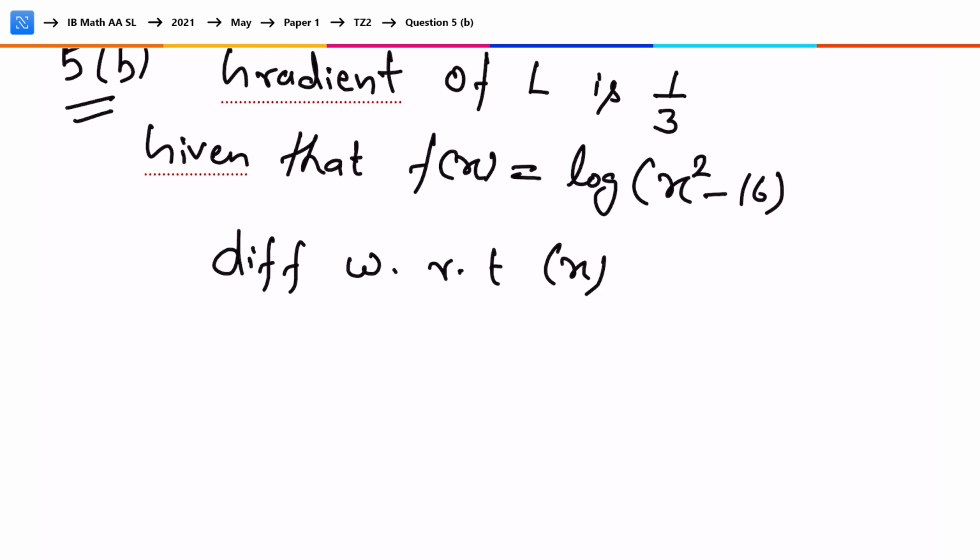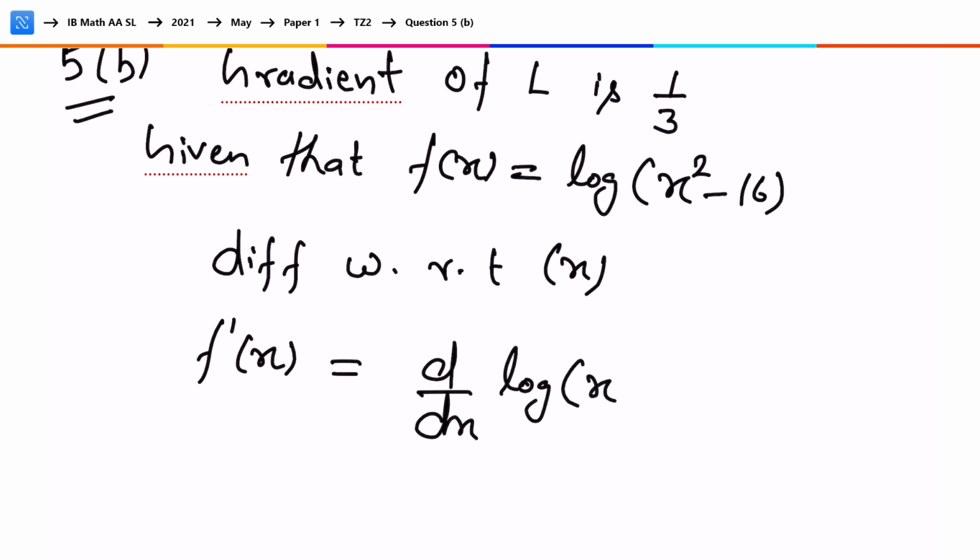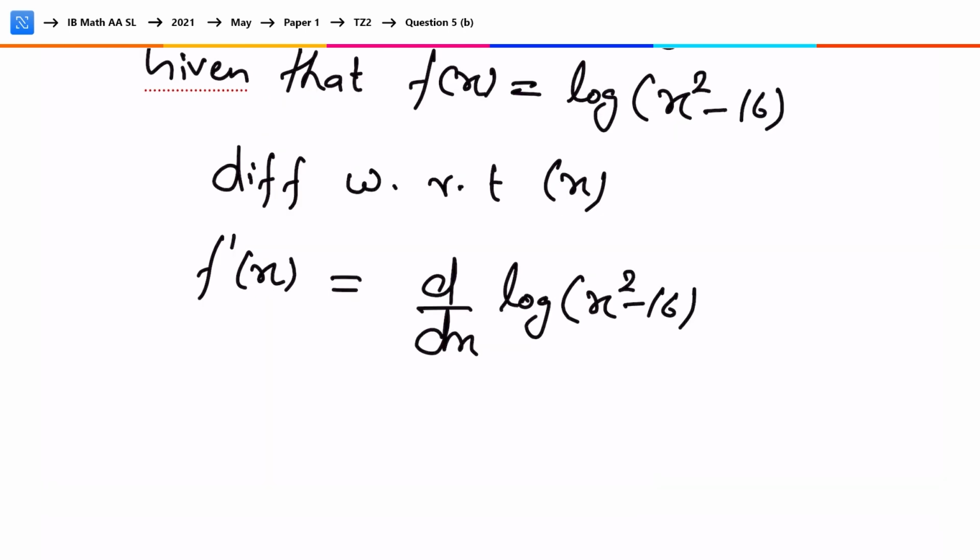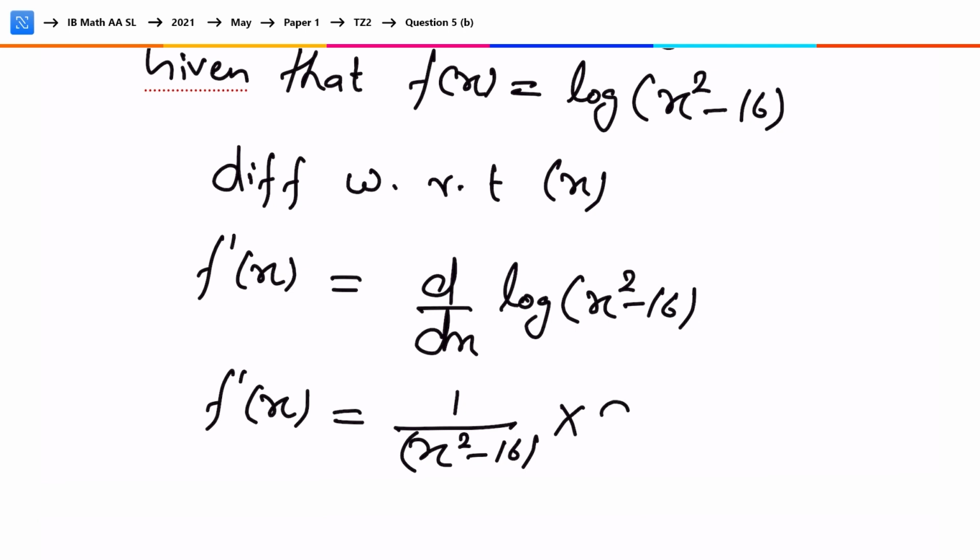The derivative denoted as f dash x is equal to d by dx of the logarithm of x squared minus 16. Using the chain rule, we have f dash x is equal to 1 divided by x squared minus 16 multiplied by d by dx of x squared minus 16.